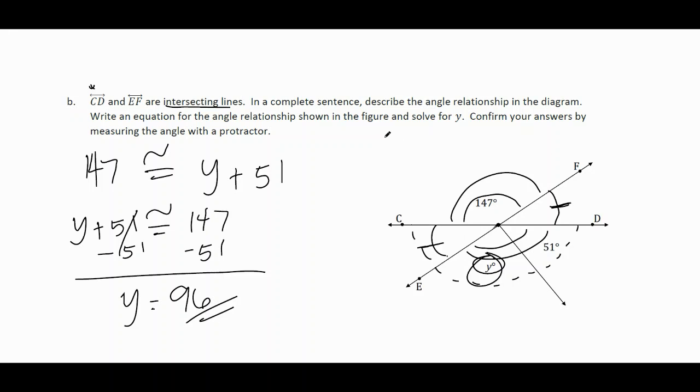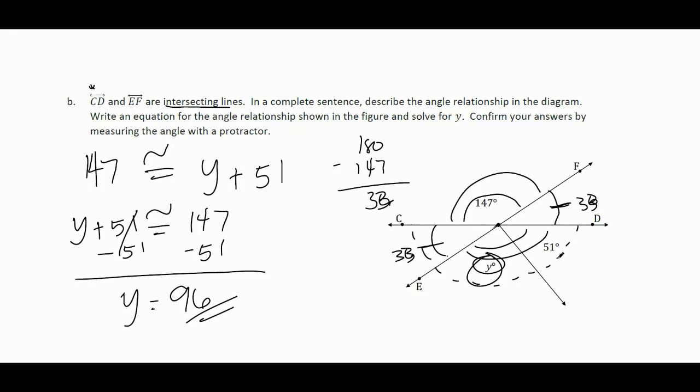This particular angle here will create 180. So what I'm going to do is subtract 147 from 180 so that I can get this angle here. 180 minus 147 is going to be 33. Sorry, 33 here, 33 there.